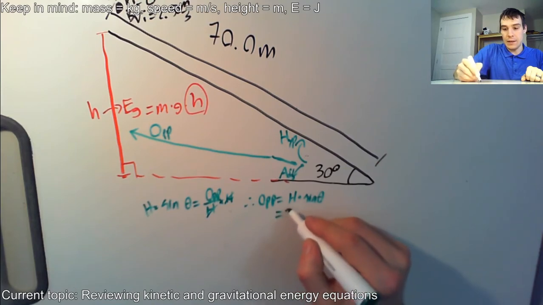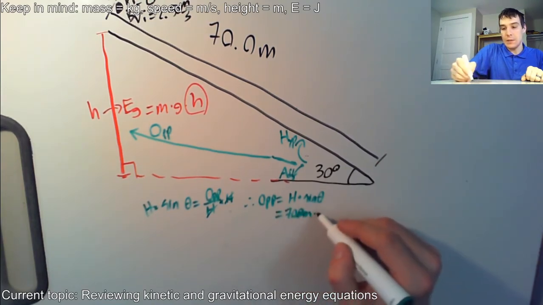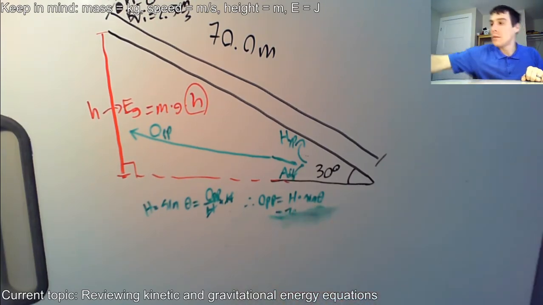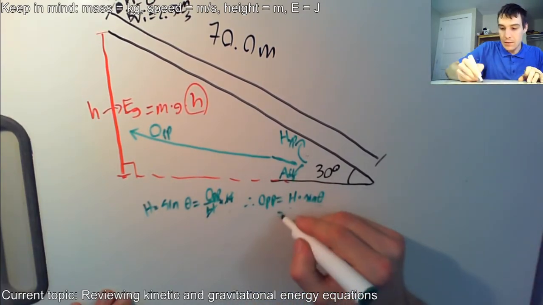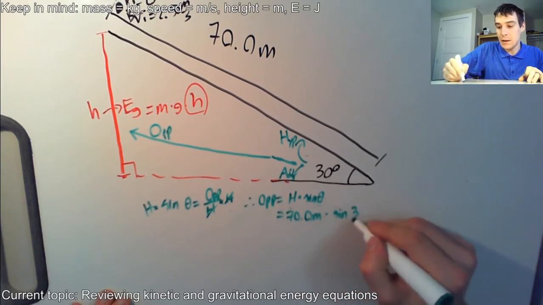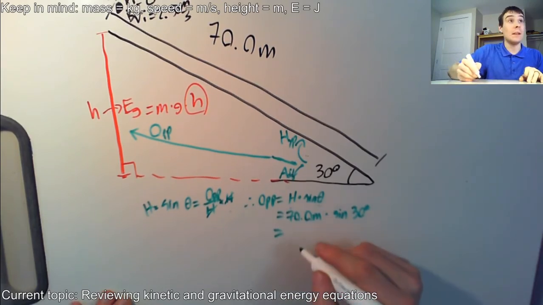In our case, that is 70.0 meters times sine of 30 degrees, and that's to figure out the height.